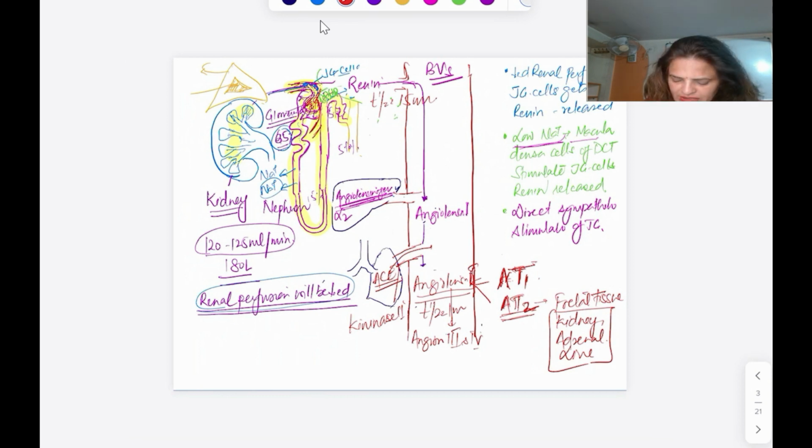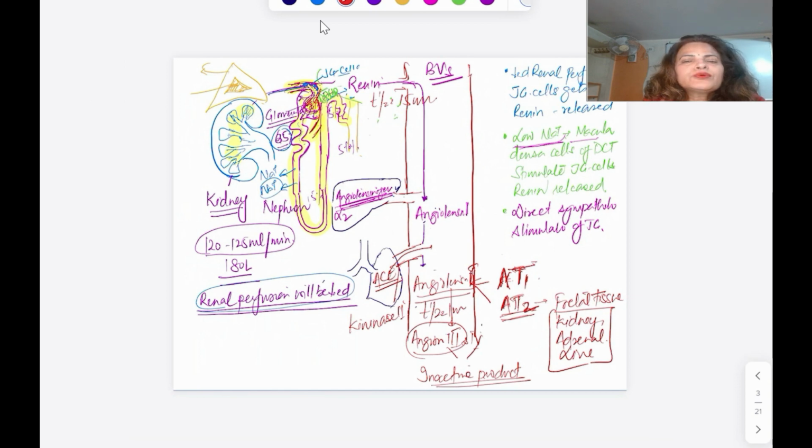So they are also inactive. Only angiotensin 3 exerts the same action as angiotensin 2; it also causes the release of aldosterone. And these 3 and 4 are further degraded by angiotensinases into inactive products.